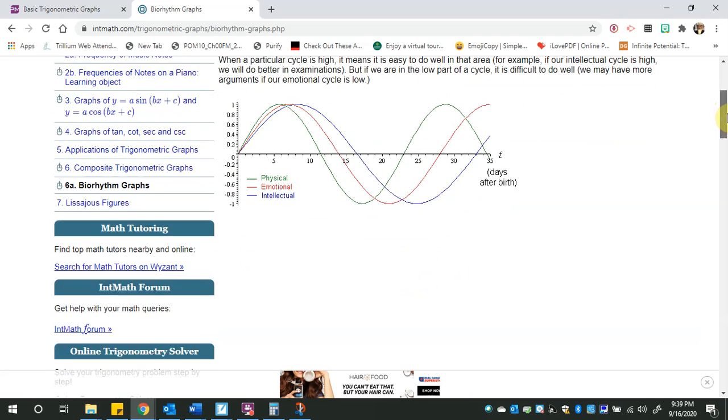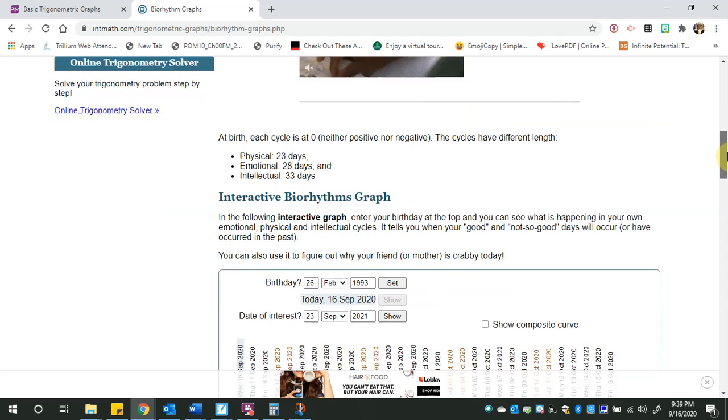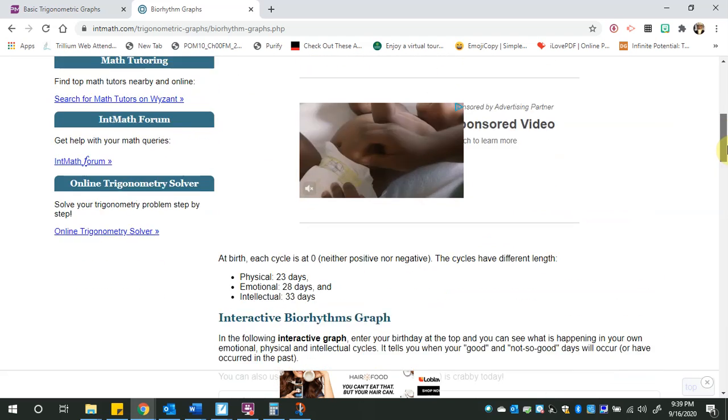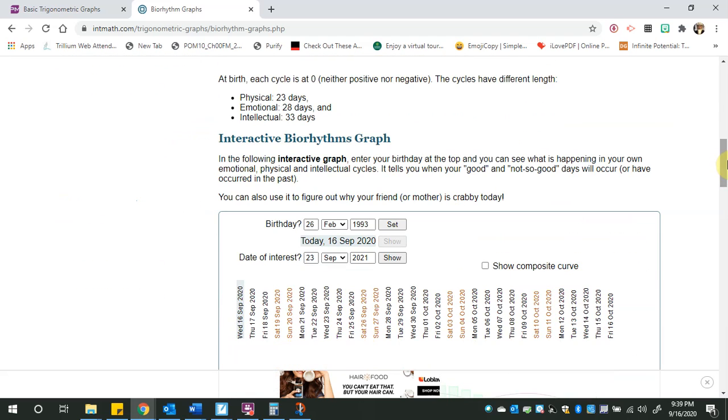So if I go down below, instead of counting boxes, your physical cycle is 23 days long and then repeats itself. Your emotional cycle is 28 days long, then repeats itself. Your intellectual cycle is 33 days long and then repeats itself. So you can believe this or not. It tells you whether you're going to have good days or not so good days.